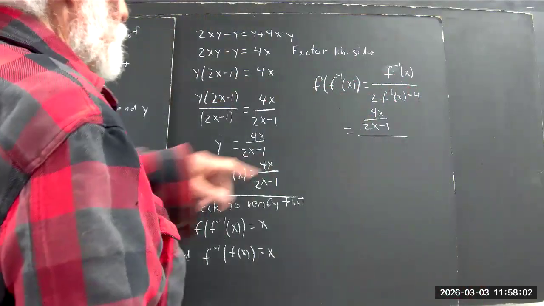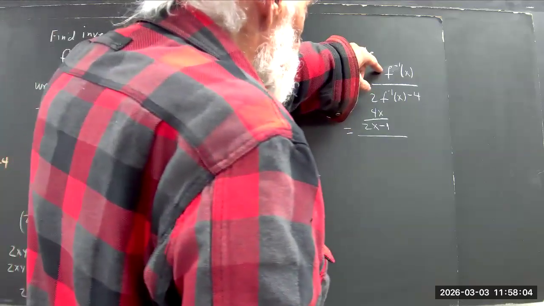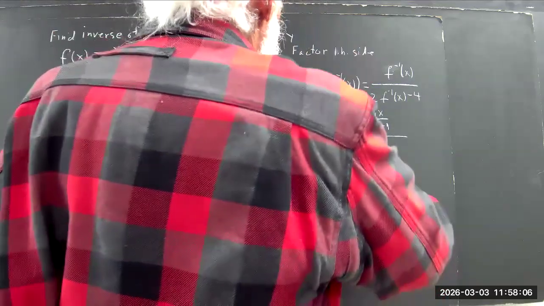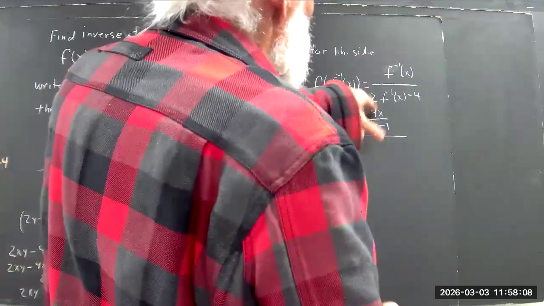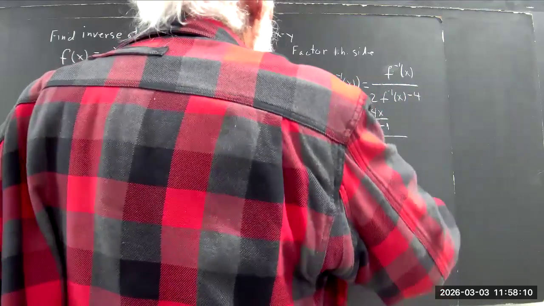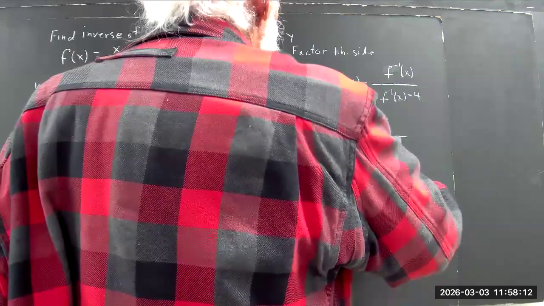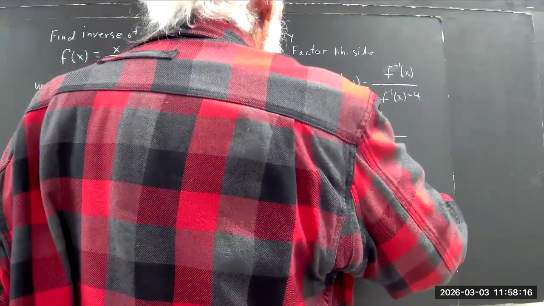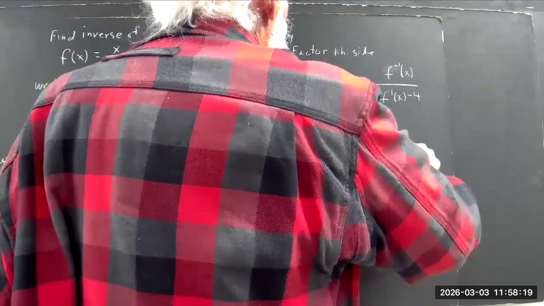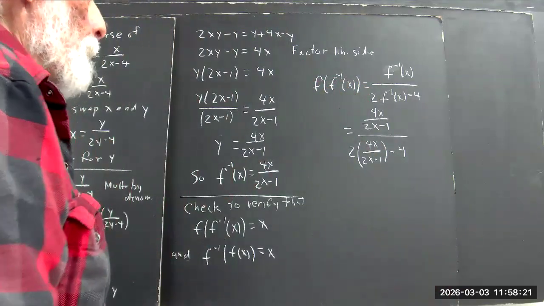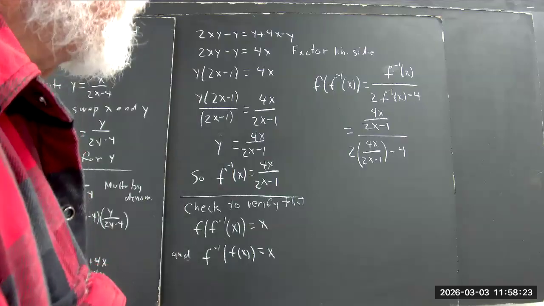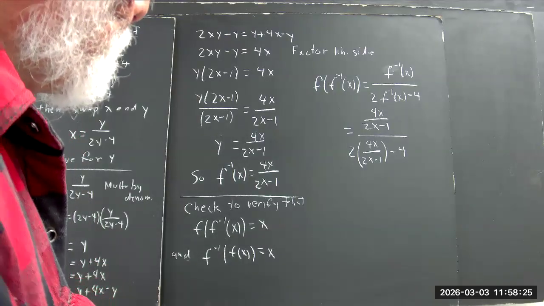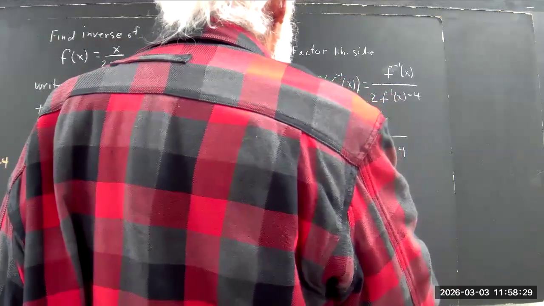So there it is in the numerator, replacing f inverse of x in the numerator. And then in the denominator, we have 2 f inverse of x minus 4. So that's going to be 2 times the quantity 4x over 2x minus 1 minus 4. A very complex fraction. But use the same trick now that I used before.